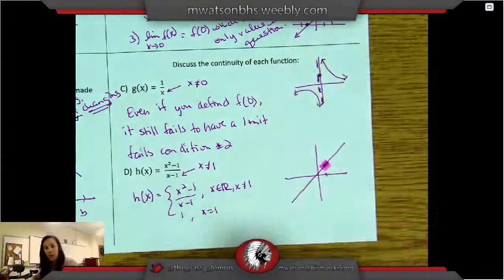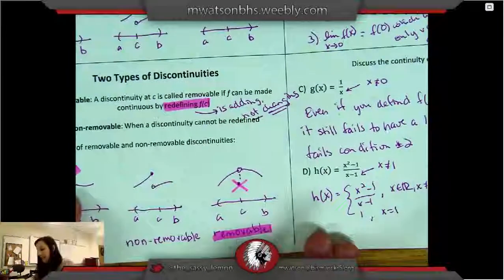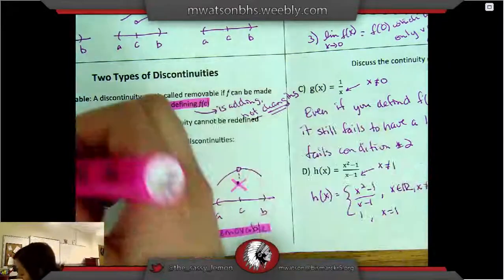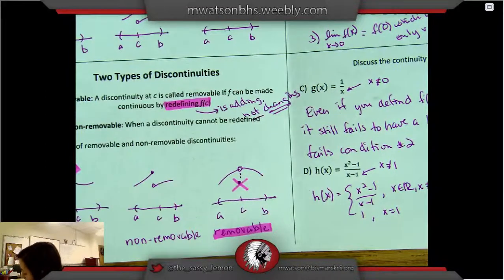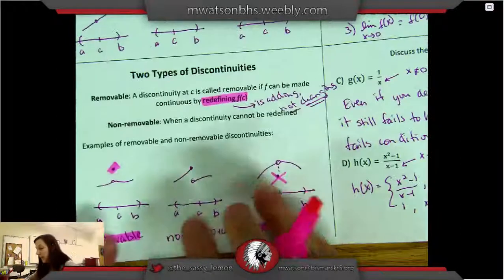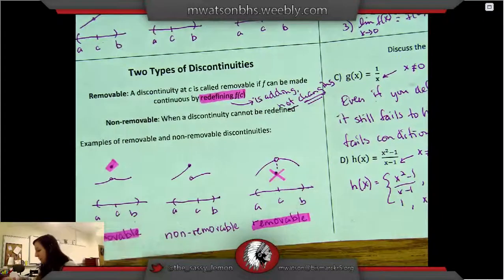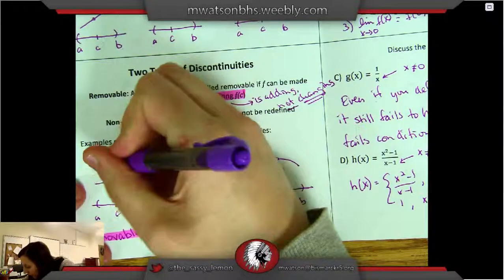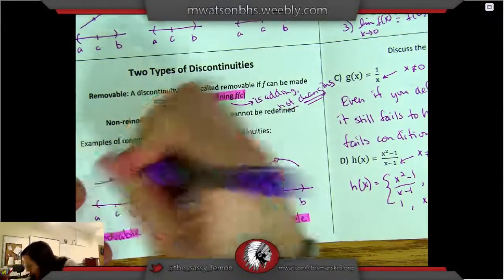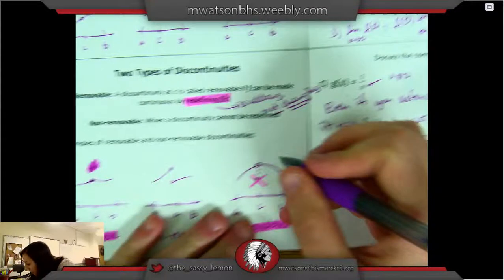So like my little meltdown I was having about these over here, I should have actually put the point in the open circle, I think is what I was supposed to be doing. I was supposed to be putting them in there. So I'm going to fix this. There we go.